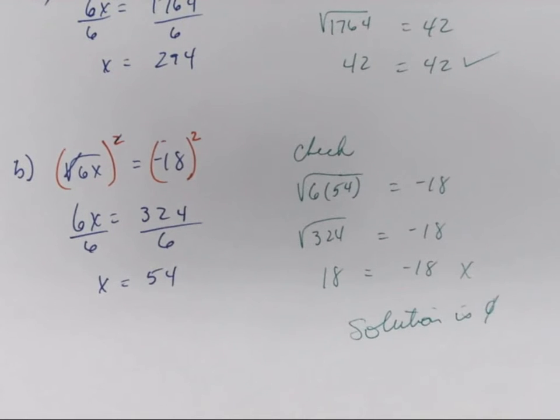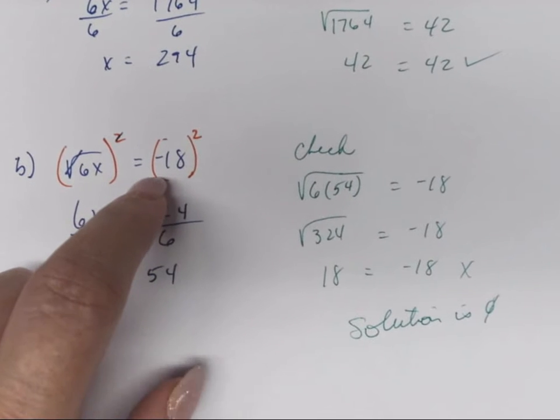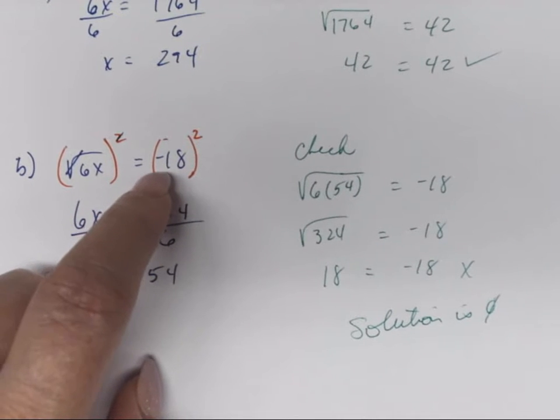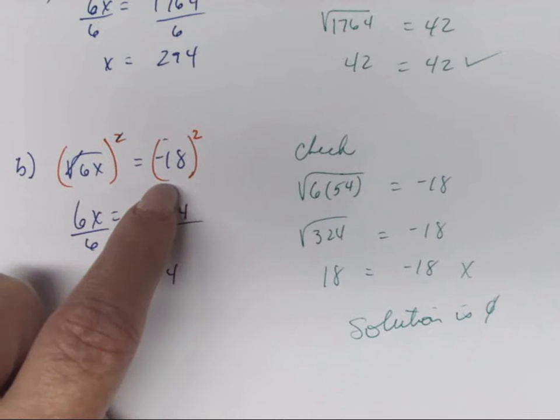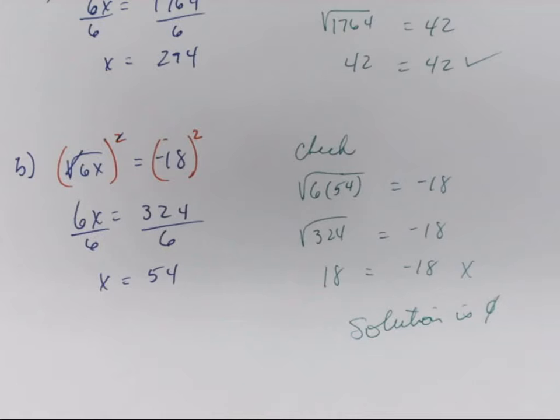There is not a solution. If you remember, when we were looking at the handout, I mentioned that the square root cannot equal a negative value. So as soon as you see a negative right there with a square root, you will not have a solution. If it was a cube root, you can, but not a square root.